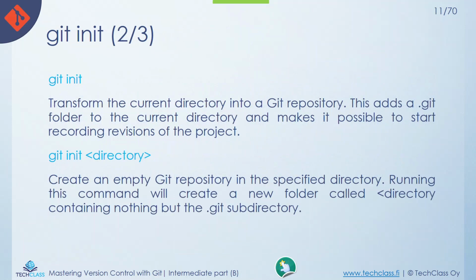And here are the different options that we can use. We can just go to a directory and then type git init, which comes from initiate. However you like to pronounce it, it's up to you. The other option is to also mention the directory in which we want the empty repository to be created.